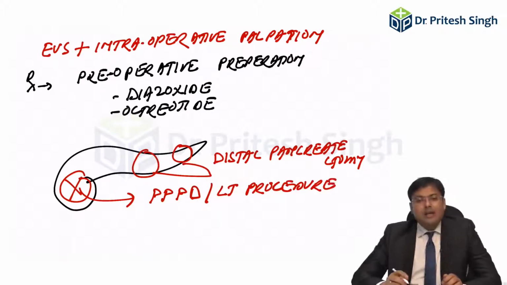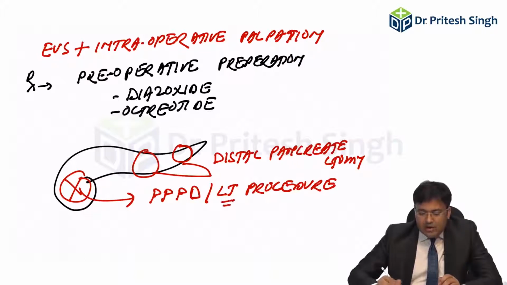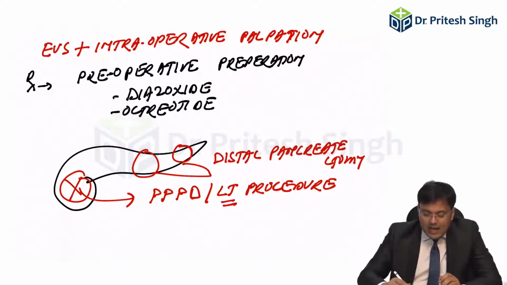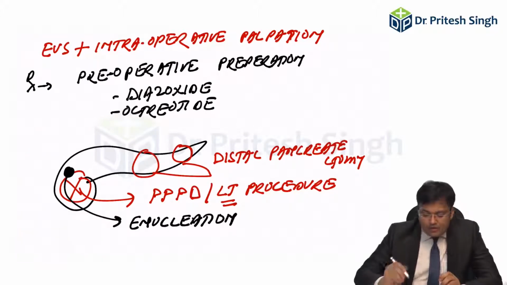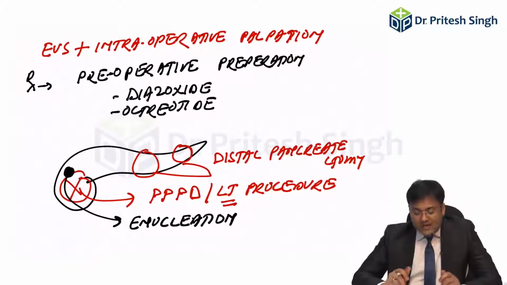I'm repeating. If malignant tumor is there in the head, the treatment is pylorus preserving pancreaticoduodenectomy or Longmire-Traverso procedure. And if a benign tumor is there in the head, the treatment of choice is what? Enucleation.